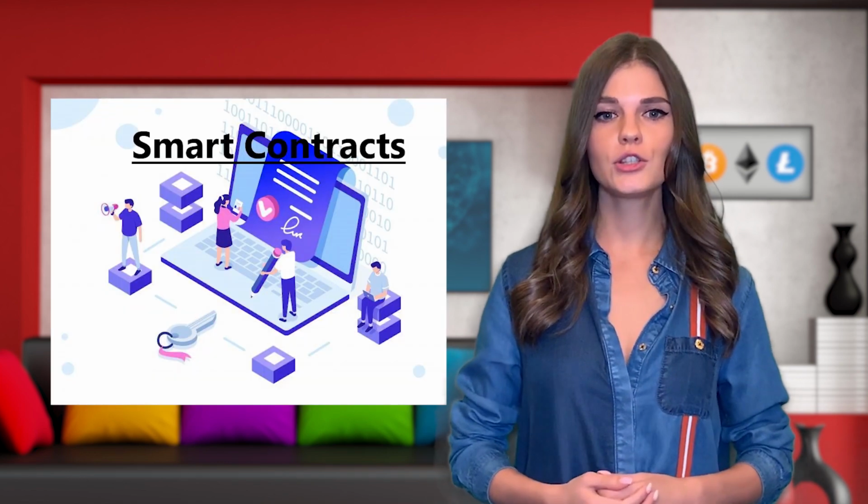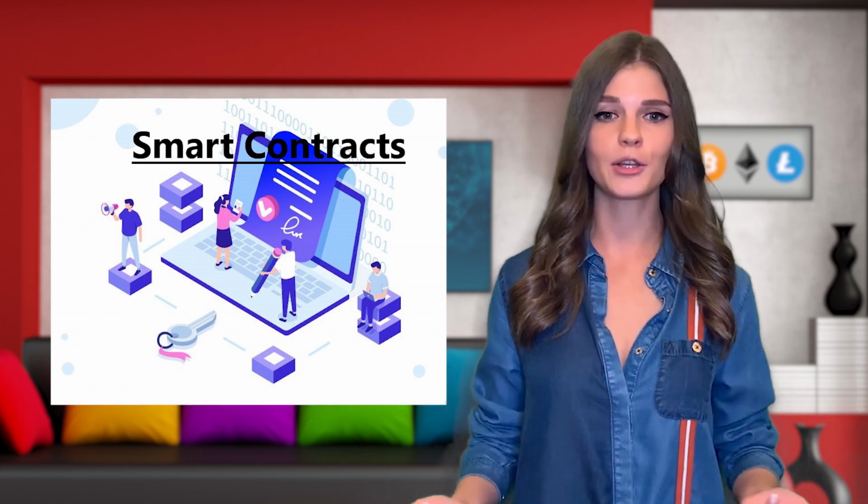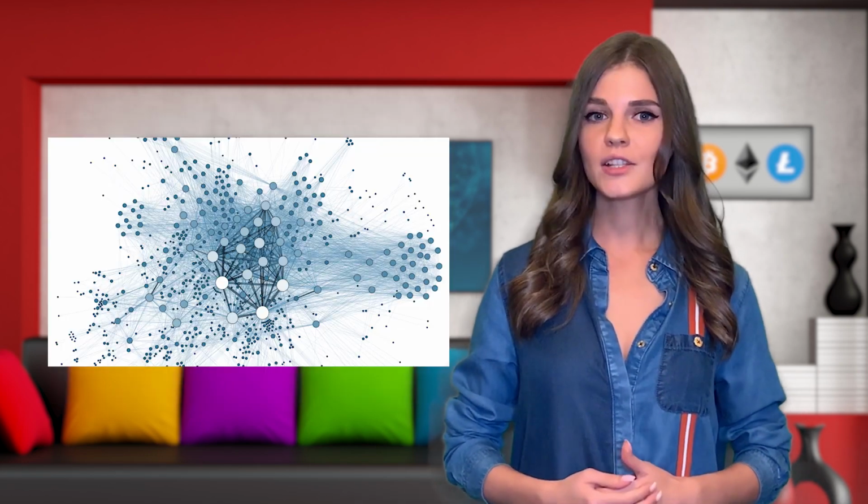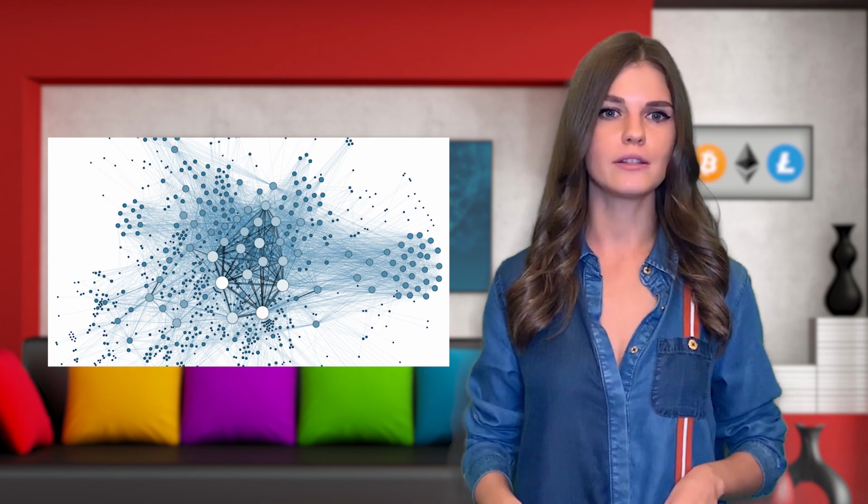So now that we've talked a bit about what Ethereum does, but haven't really explained how it does it. Ethereum's coding language, which is called Solidity, is used to make what's known as smart contracts. These contracts are really just conditions controlling how a program will be run on the Ethereum network.